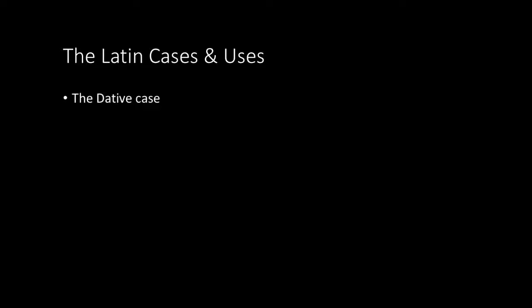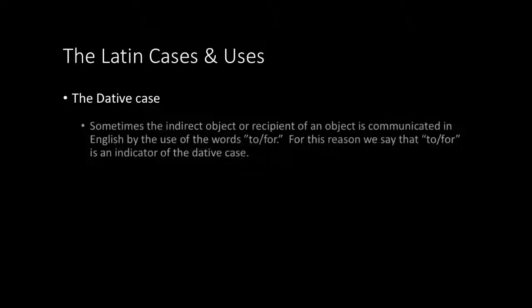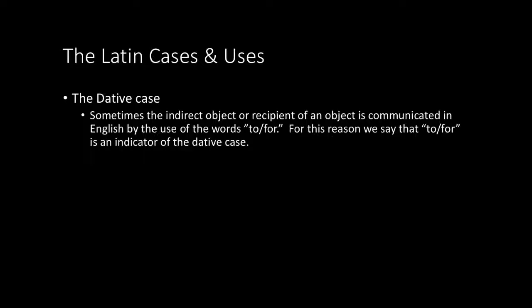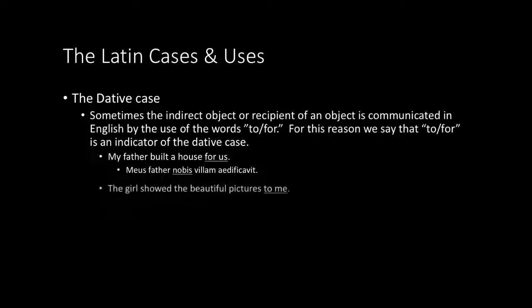The dative case can also be expressed by using the prepositions in English to or for. So when we see these words in an English sentence, we need to recognize that the noun that follows it is actually the indirect object, or the recipient. So we would write for us in the dative case, nobis.